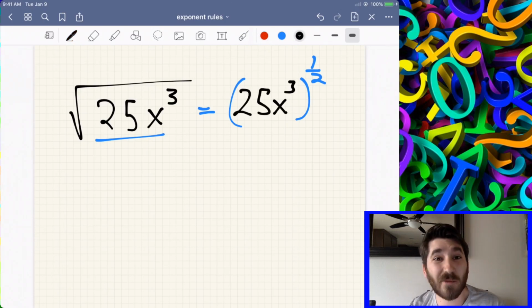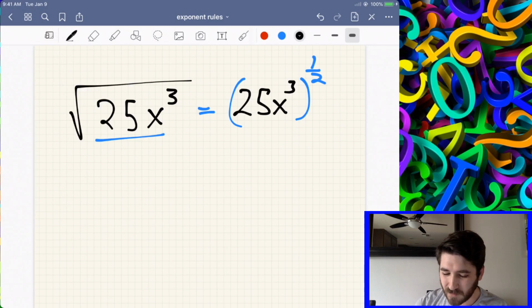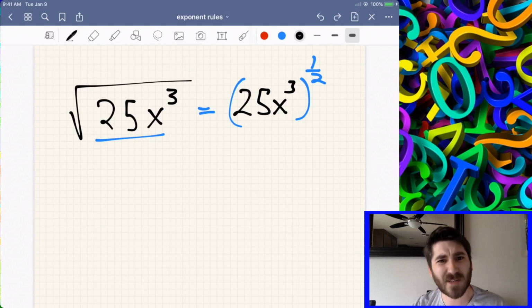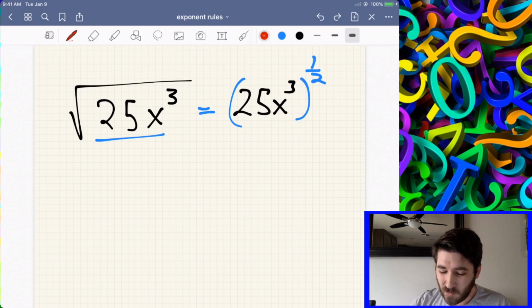And this is one way we can start dealing with it. Now, we have two numbers being multiplied, raised to a power. How do we deal with that? We can deal with that by looking at the exponents on both of the numbers in our base.